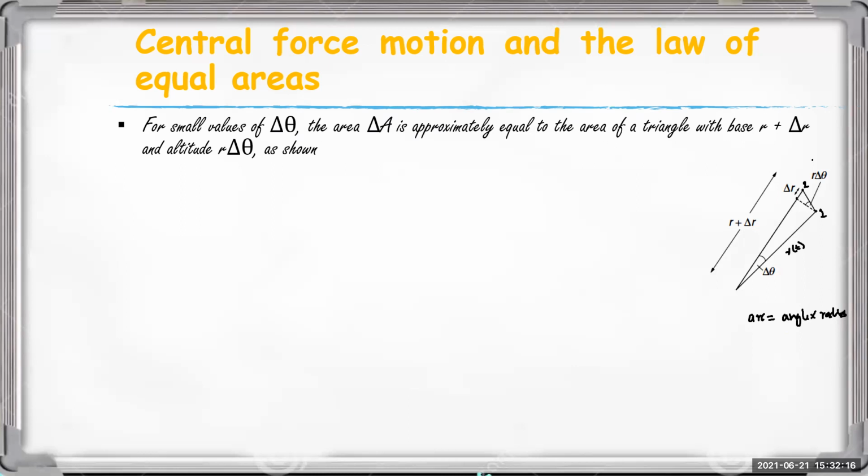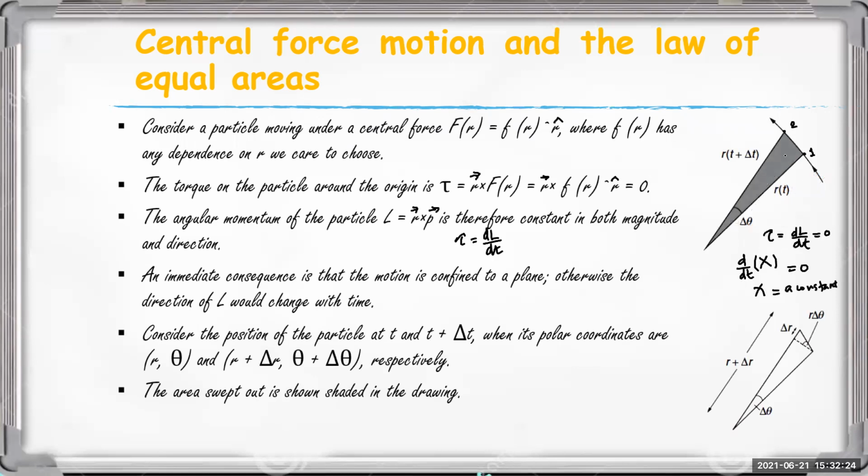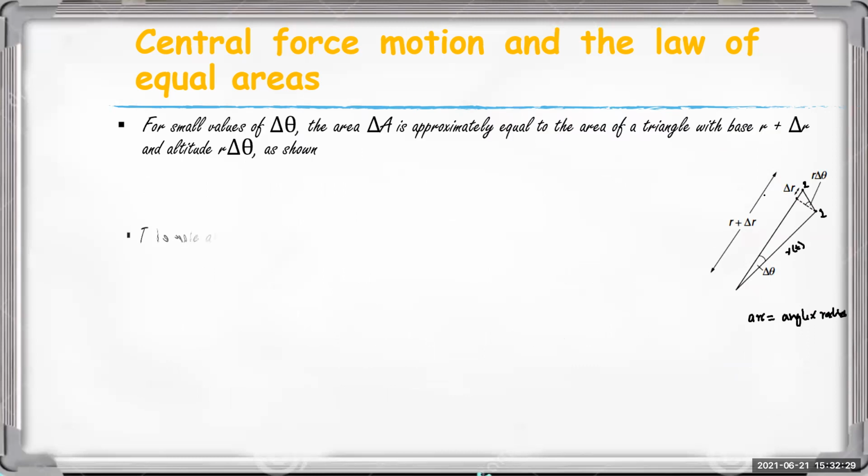So we have to find the area of the triangle that is shaded in the previous figure. For that, we have written here, this is the altitude R delta theta and this length is R plus delta R.